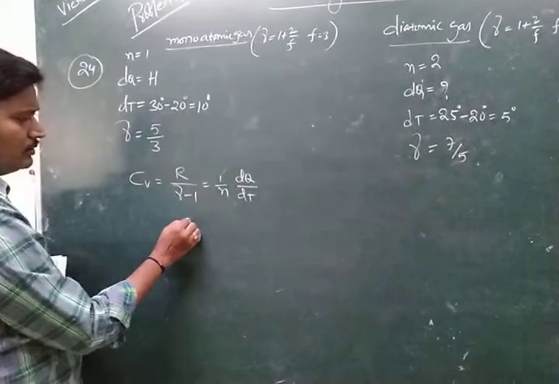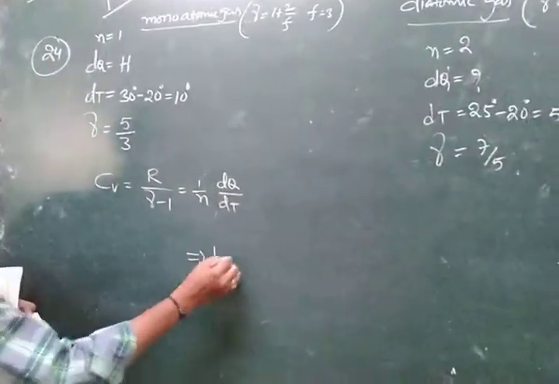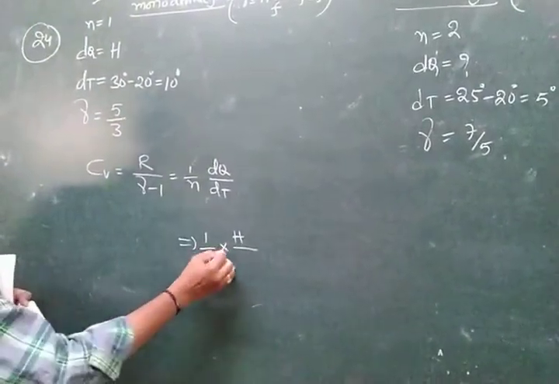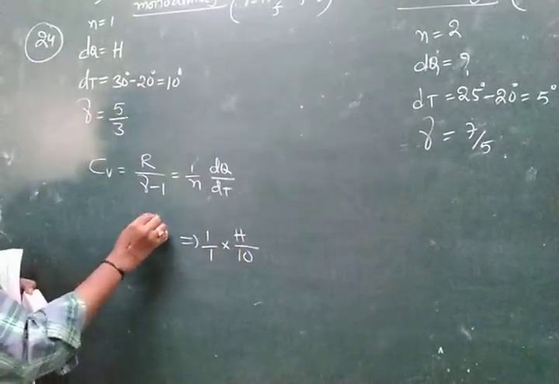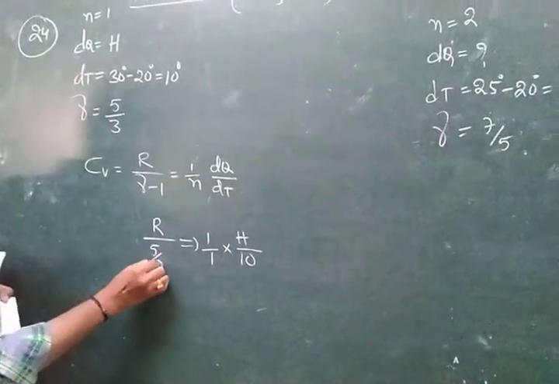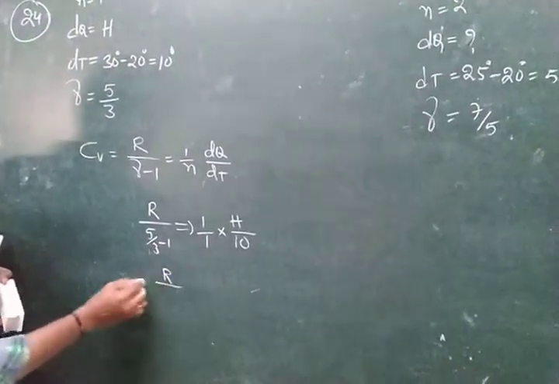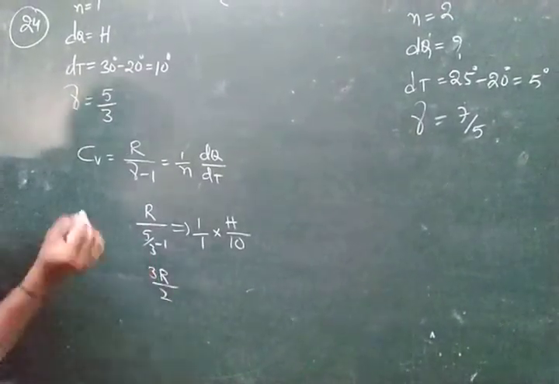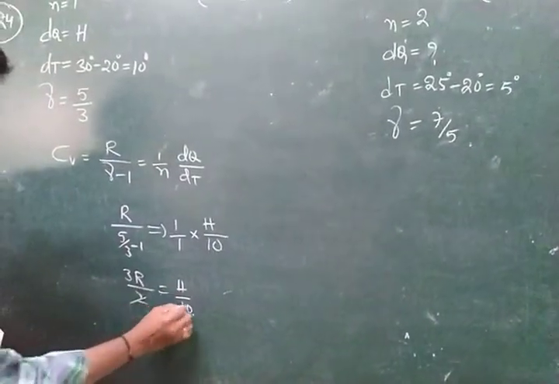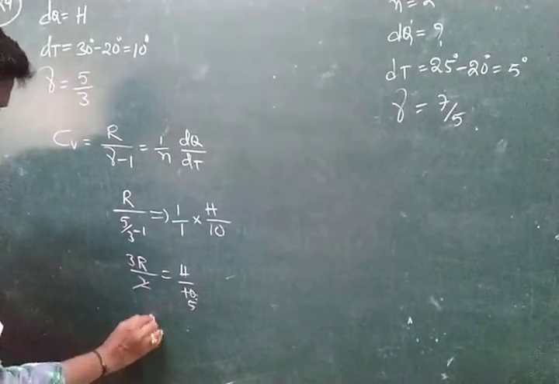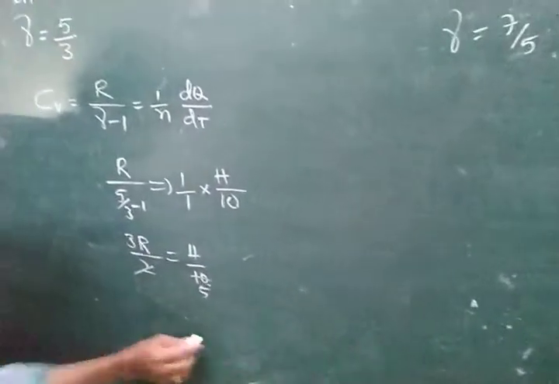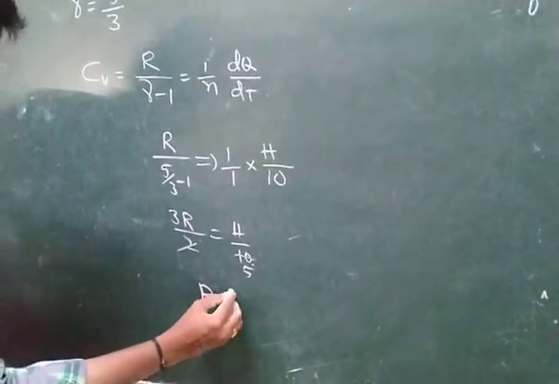Here dQ value is H divided by dT value. The dT value is 10, and R by gamma minus 1 is R by 5 by 3 minus 1. Therefore, 3R by 2 is equal to H by 10, so that R is equal to 2.